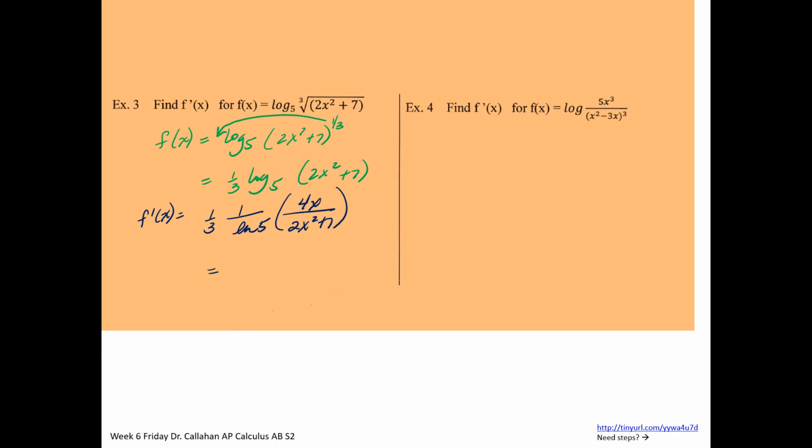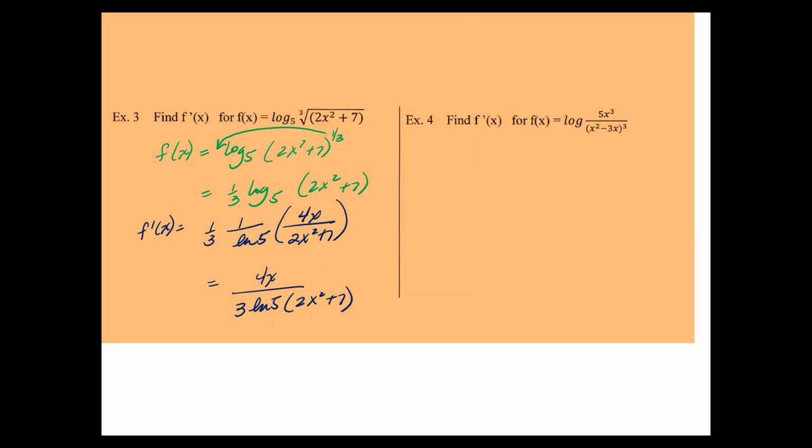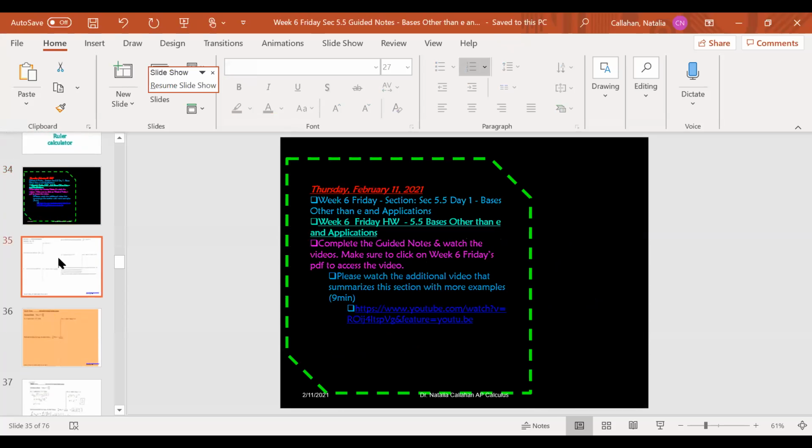If I rewrite this, I will have 4x over 3 ln 5 times (2x squared plus 7). And remember, you're using this one with your formula here.